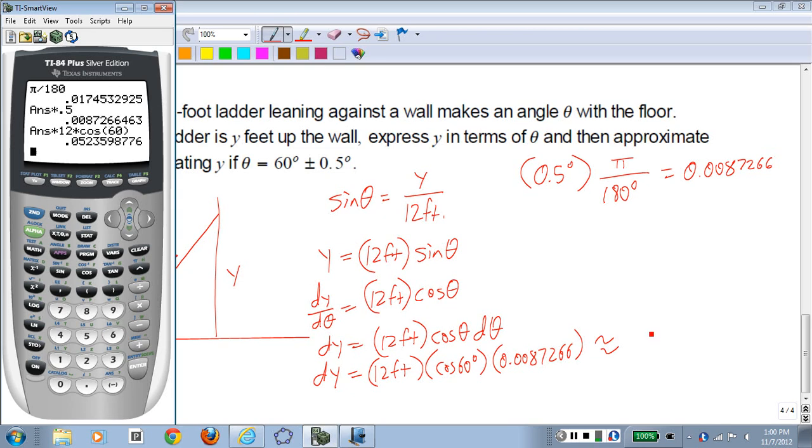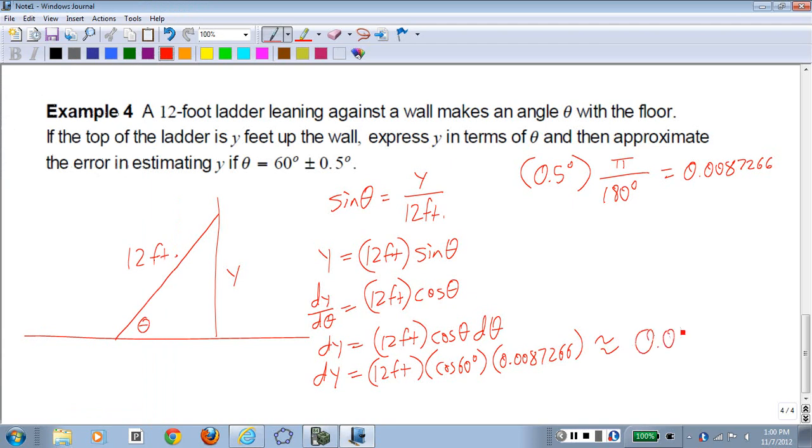And I get 0.052 feet. Which is how many inches?